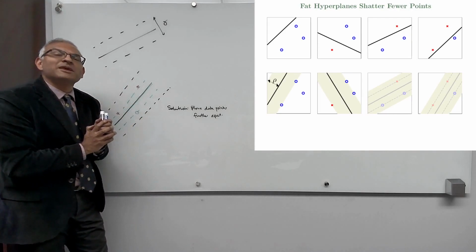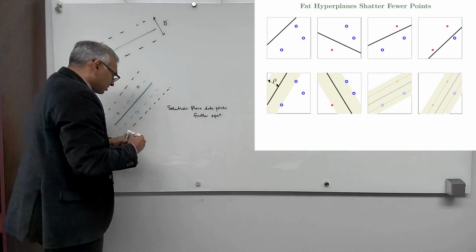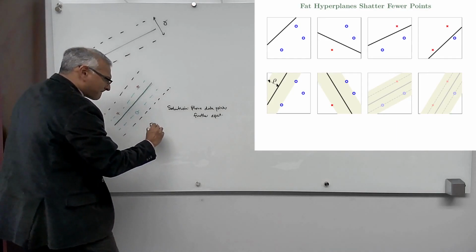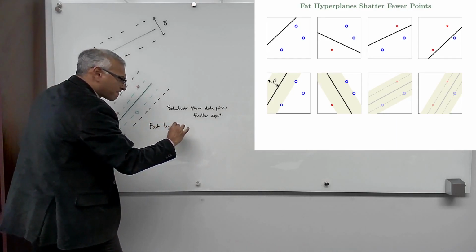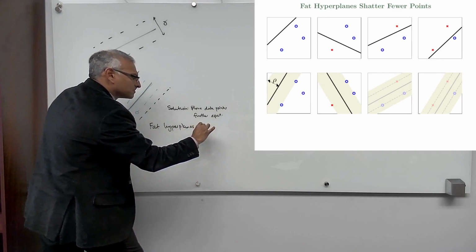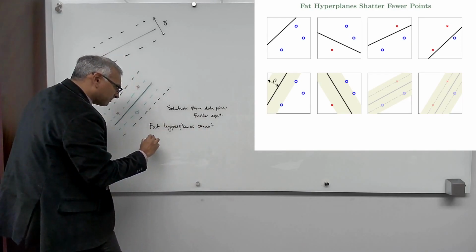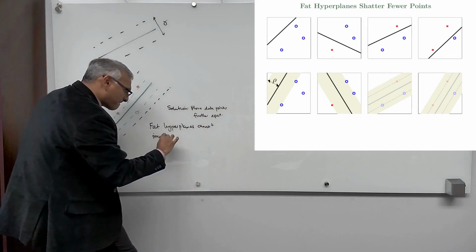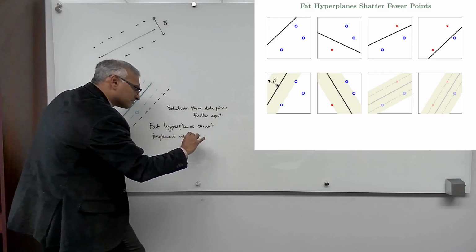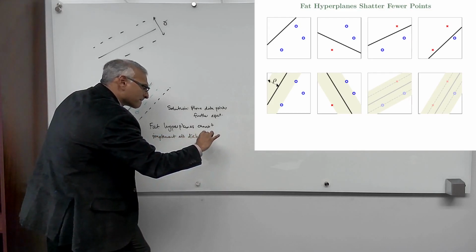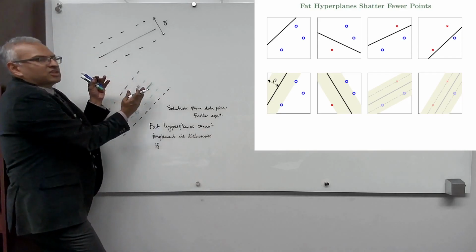So if your input space is bounded. Okay, so fat hyperplanes cannot implement all dichotomies if you cannot move the data far apart.